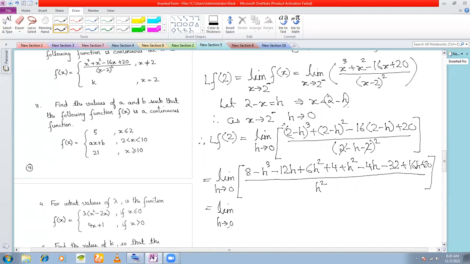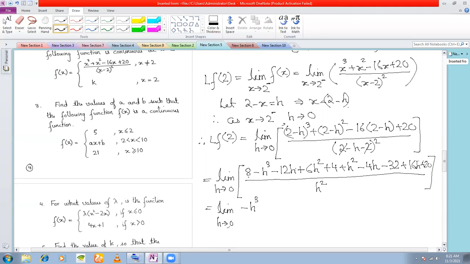Now we'll see what cancels here. Adding up the h square terms, 6h square plus 6h square plus h square gives 7h square, and we are left with minus h cube.